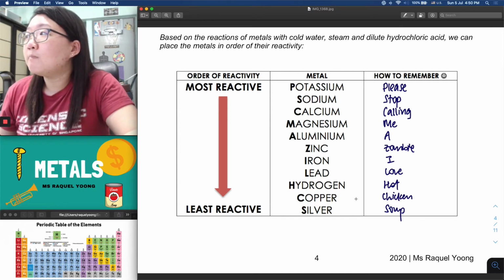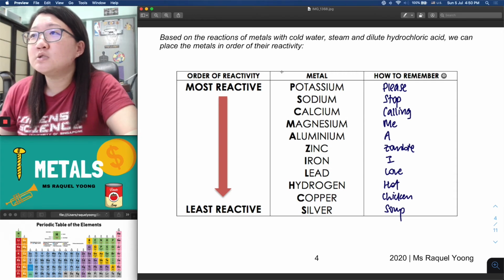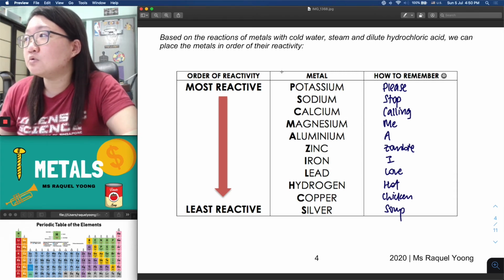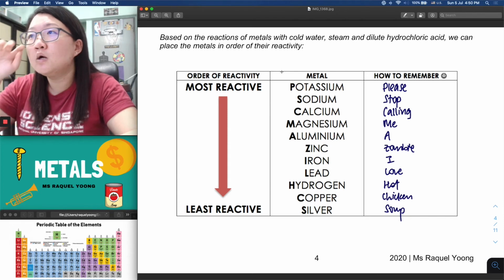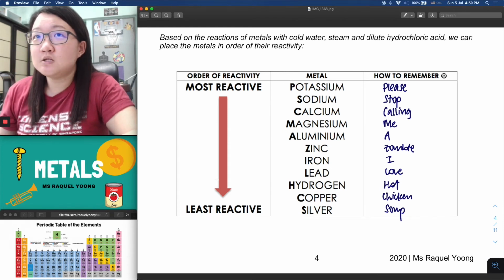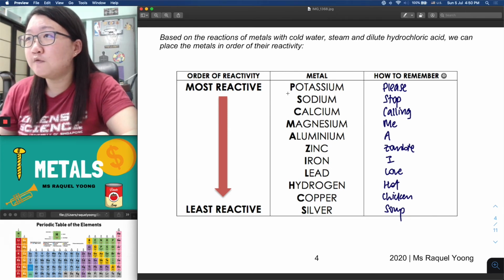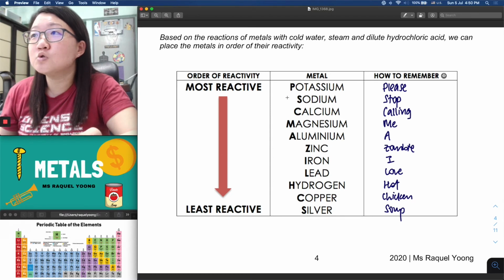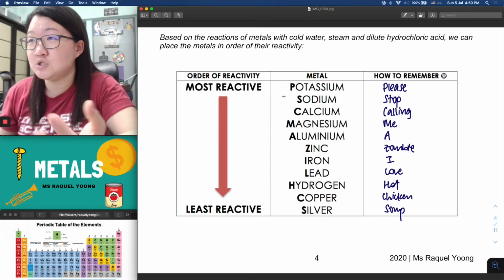Okay. Just one more note that I wanted to highlight for you to appreciate things a bit better. Notice that in the reactivity series of metals, the first few elements, namely potassium as well as sodium, are on top, so they are the most reactive of this bunch. These two elements are in group 1 of the periodic table, meaning they only need to lose one valence electron, which is easy.